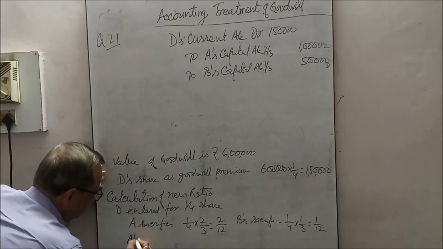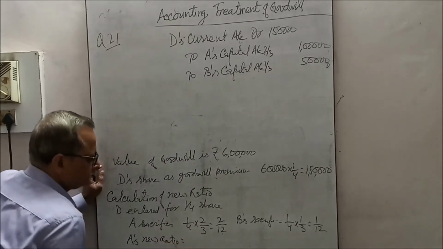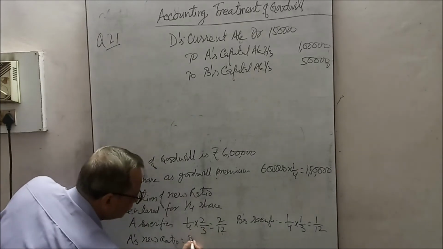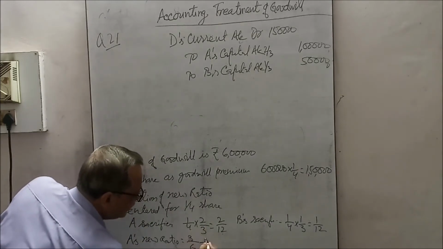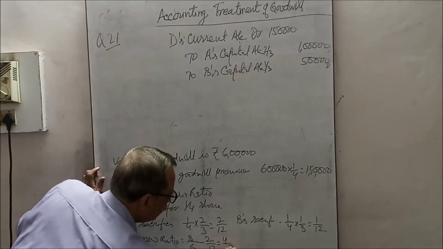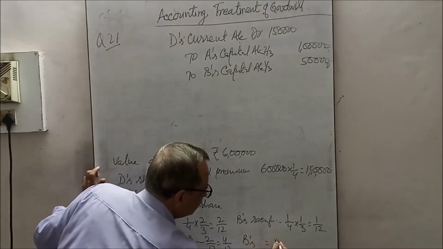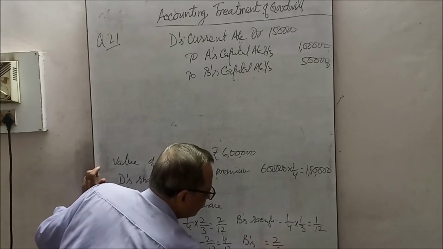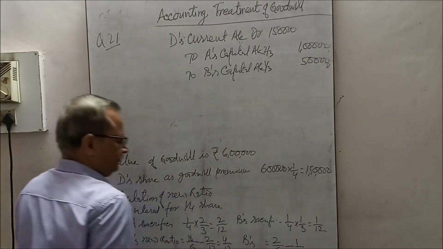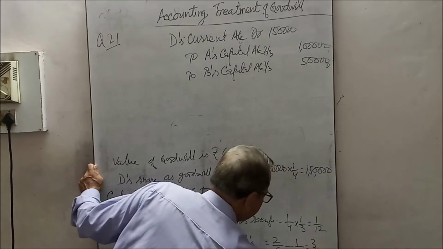So A's new ratio: old ratio was 3/6, 3/6 minus 2/12, that is 4/12. B's new ratio: 2/6 minus 1/12, that is 3/12.